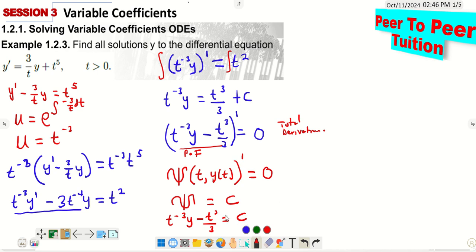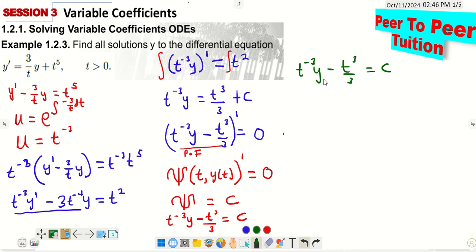Then we can easily solve for y. We are now solving for y. So let me write the expression here again: t negative 3 y minus t cubed over 3 should be equal to c.